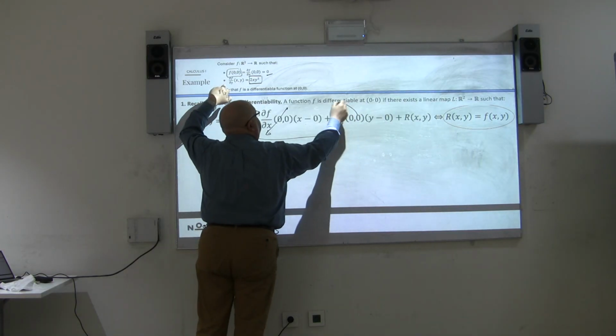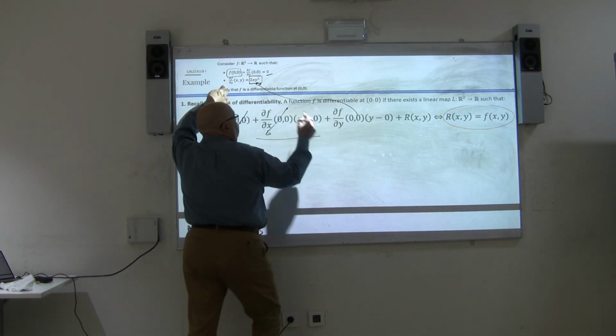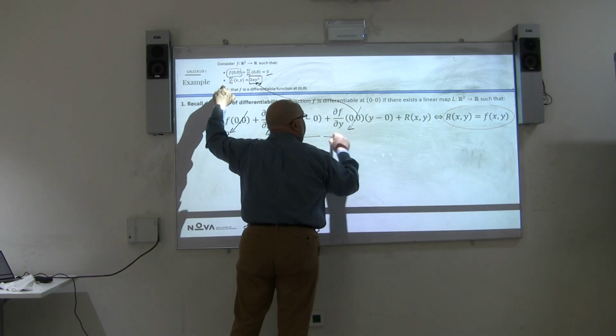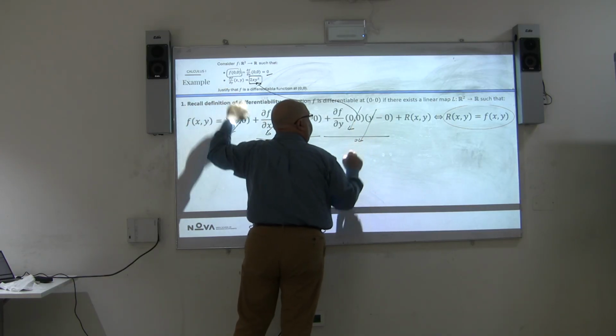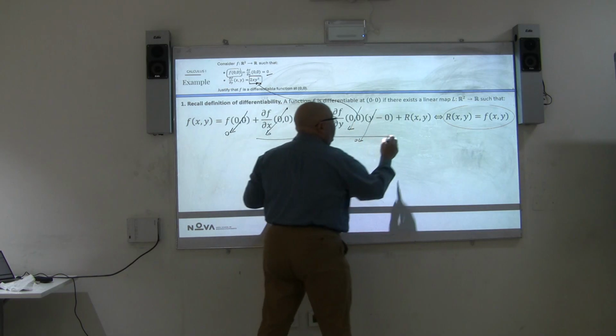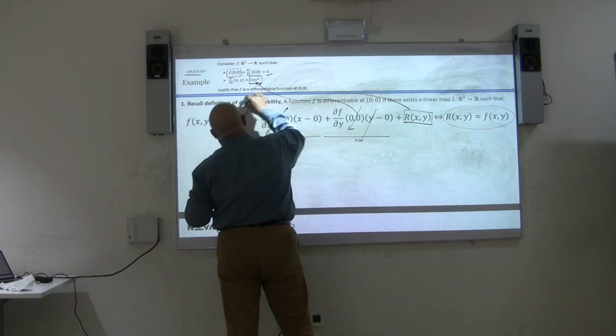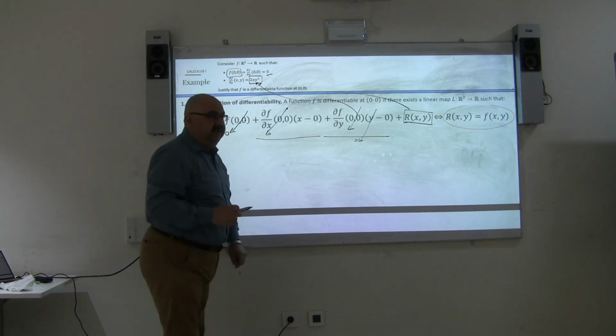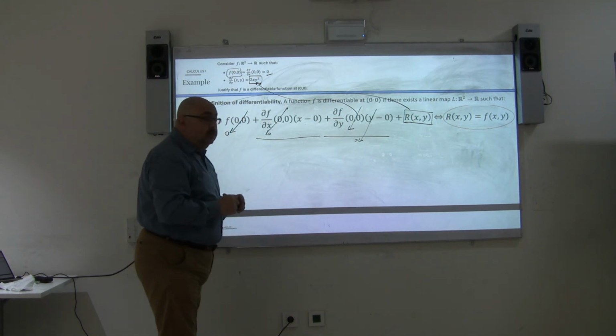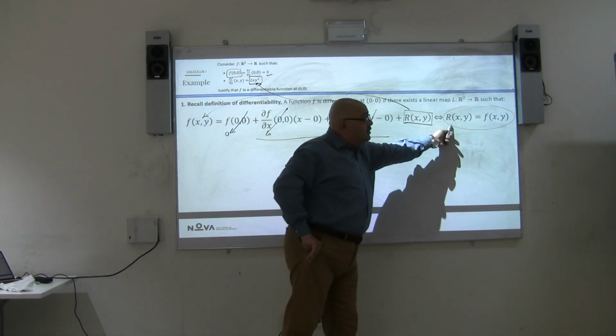If you substitute the origin, you will have 0, so this part also tends to 0. Now I have r of x and y equal to the value of the function, which is f of x and y.